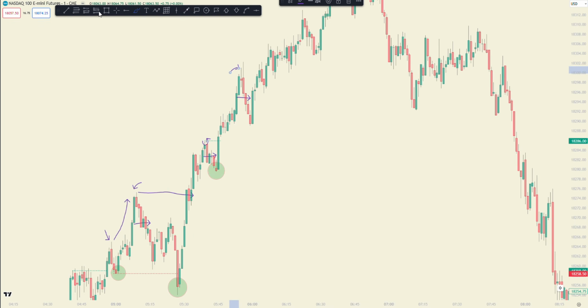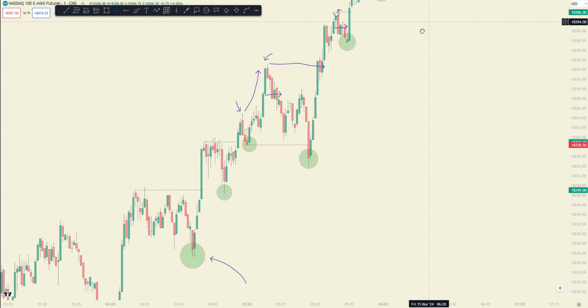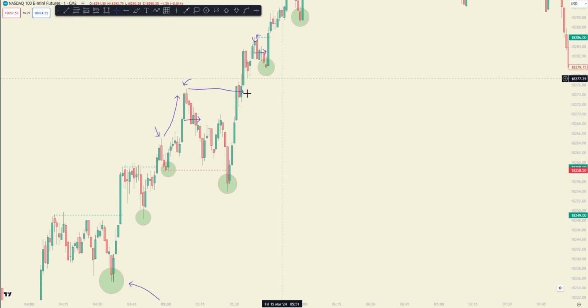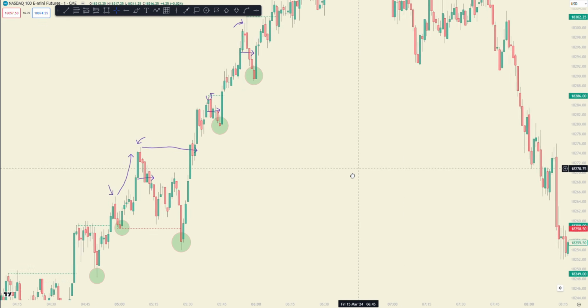Once we close above this, we're going to be continuing structure, which means the low that brought this, if I can get this right, making this right here our protected low. Okay, and as we can see, we're clearly in an uptrend. Don't worry about this right now. We're going to go over that in a future video.